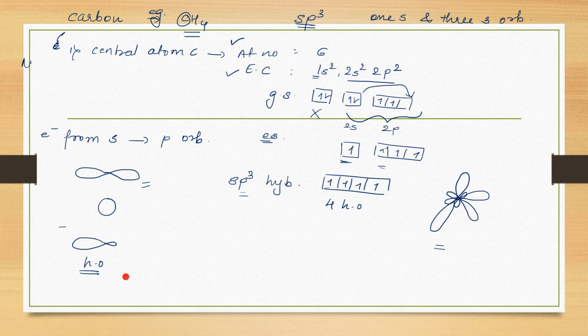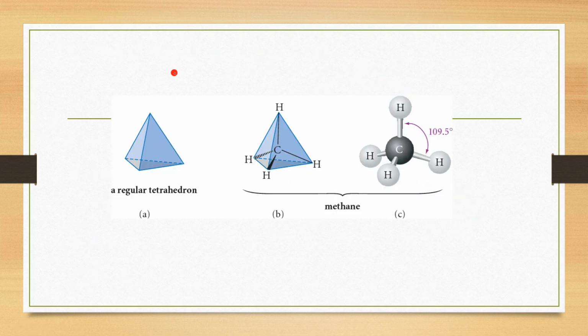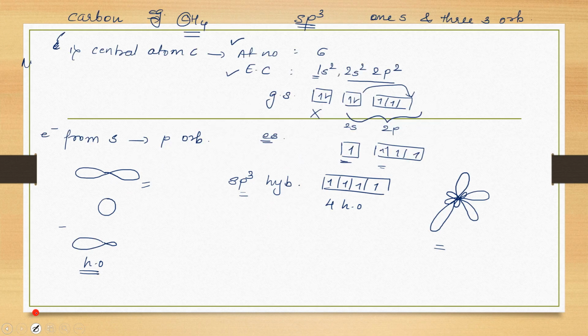Now once you get this, I'll draw the formation of CH4. Okay, so let's see, it's becoming a mess over here. CH4. Now carbon, this is your sp3 hybridized carbon, and now we want to prepare a molecule with H. What is H? 1s1.